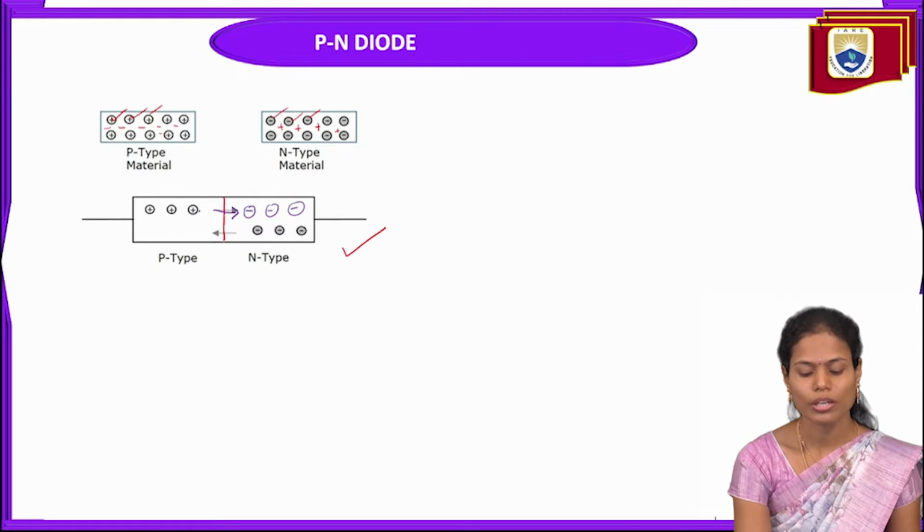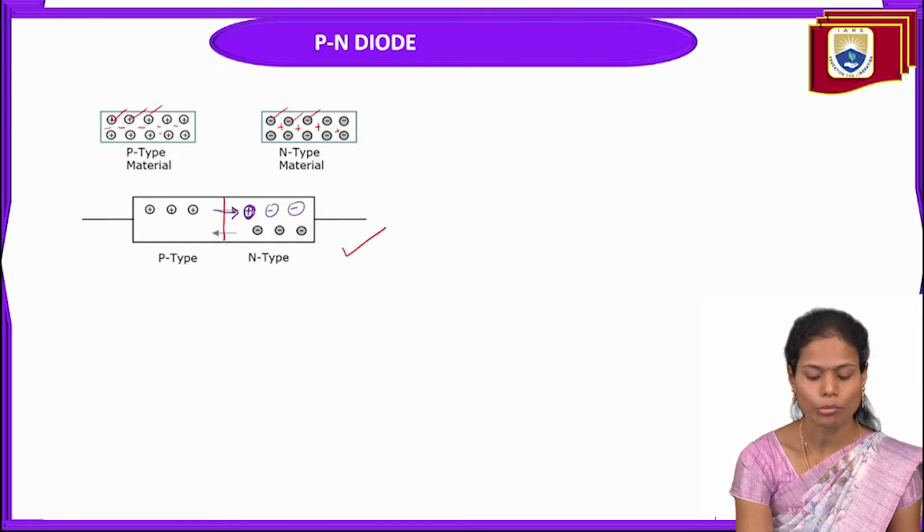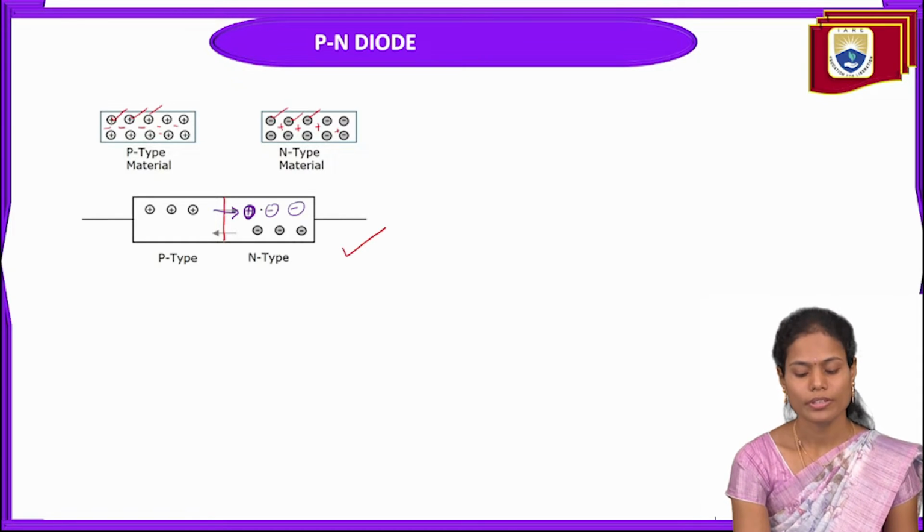Once this hole leaves its space and combines with the electron, the N type material forms a positive immobile ion.